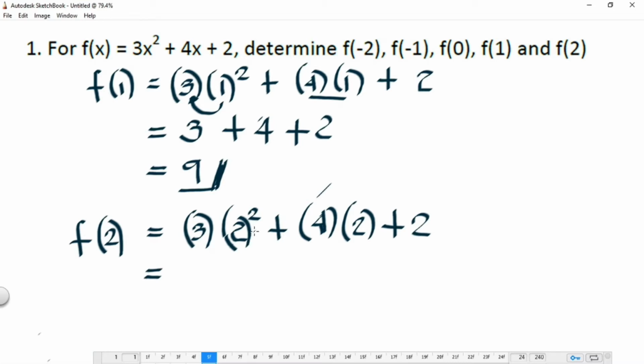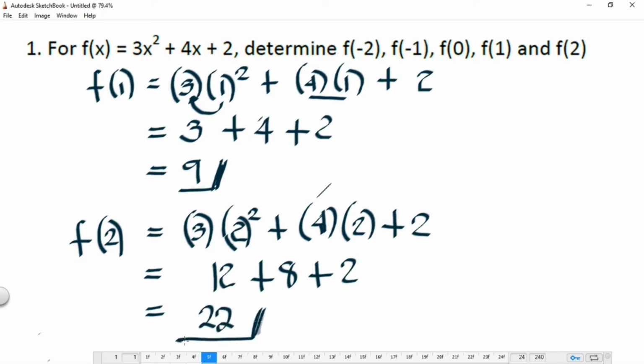The priority is this exponent first. 2 raised to 2 is equal to 4 times 3 is equal to 12. 4 times 2 is 8, and finally plus 2. And then just add these following numbers. 12 plus 8 is equal to 20 plus 2. The answer is 22. That will be the solution for your problem number 1.